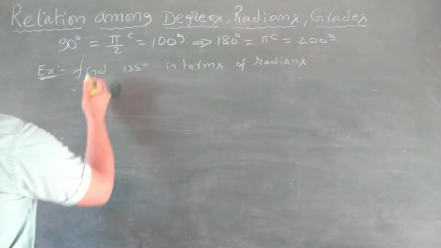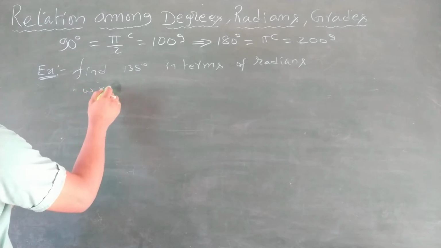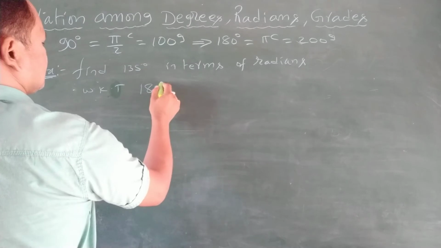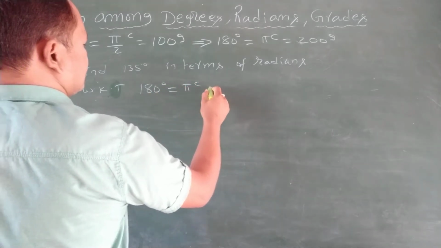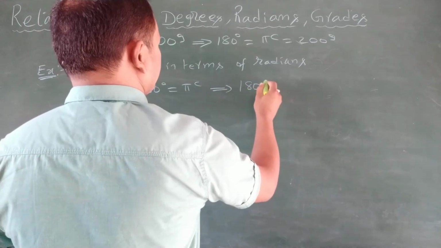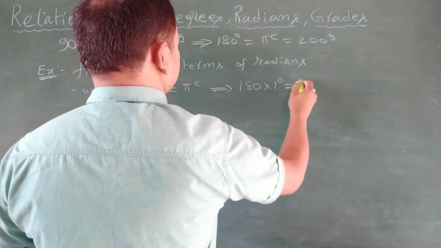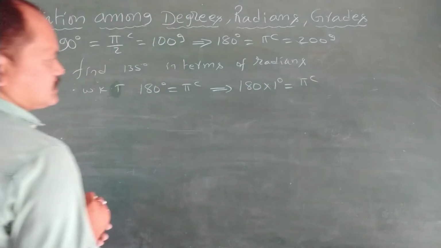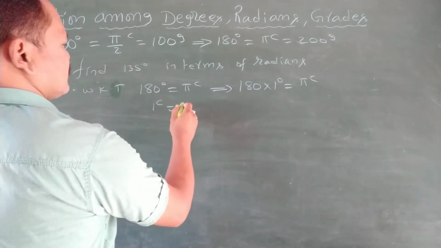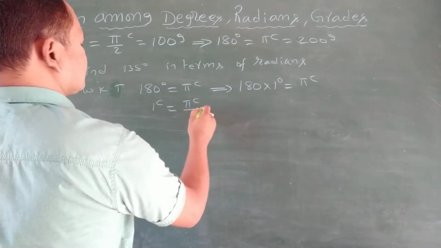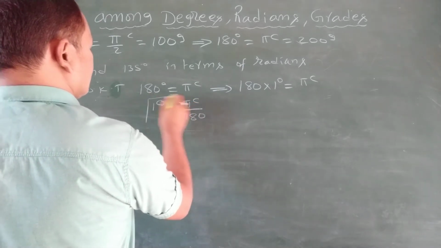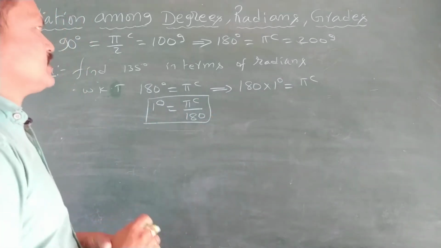Actually we know that 180 degrees is equal to pi radians. From this, 180 into 1 degree is equal to pi radians. That's why 1 degree is equal to pi radians by 180.